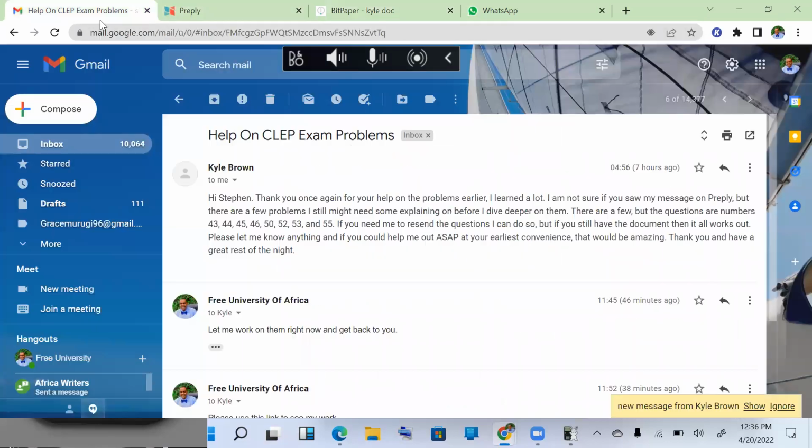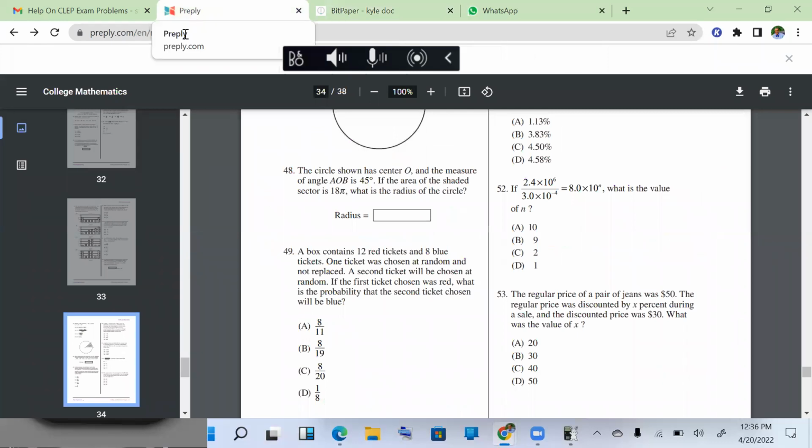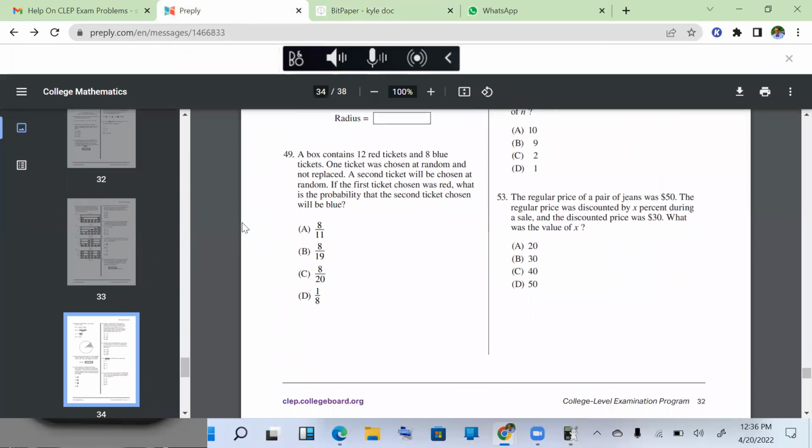Okay, next question. After 52, we go to 53. 53 says that the regular price of a pair of jeans was 50 bucks. The regular price was discounted by X% during a sale, and the discounted price was 30. So what is the value of X?